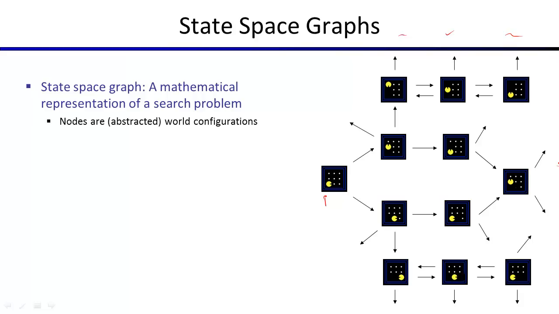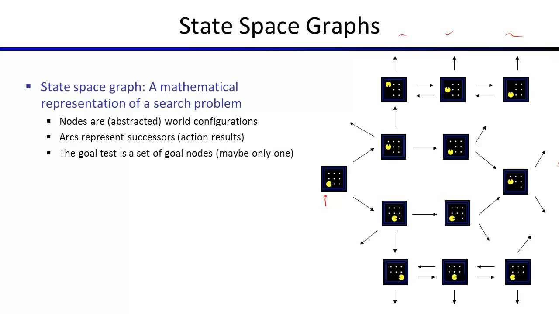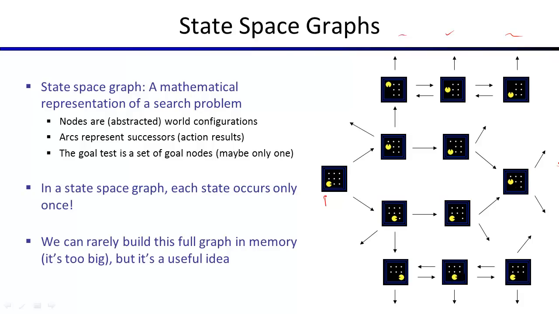So each node here is an abstracted world configuration, and the arcs represent our successor function and might have costs associated with them. The goal test is essentially a test whether you are in a certain subset of these state space nodes. In a state space graph, each state occurs just once. This will be different from search trees.